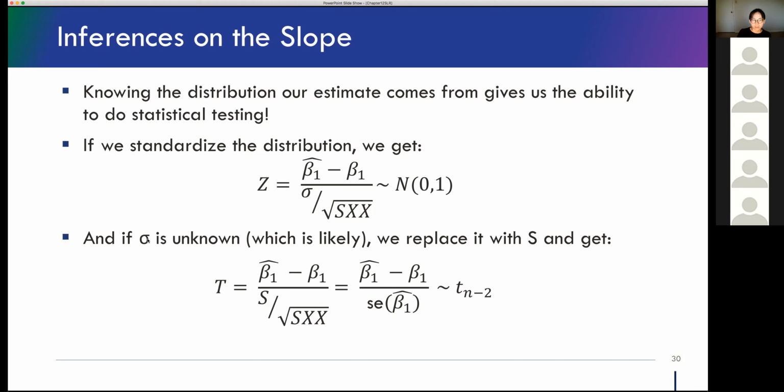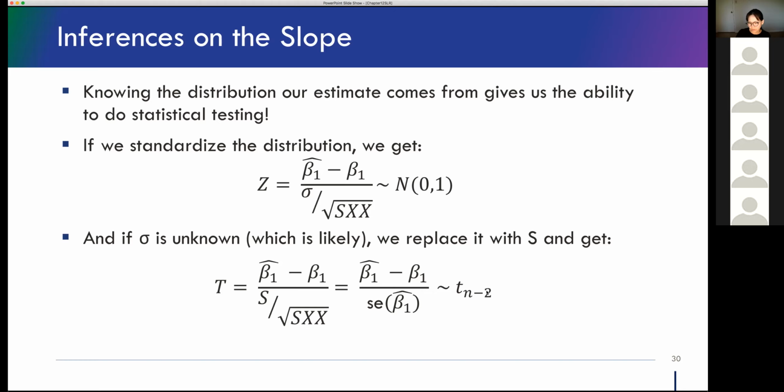First, standardize this beta 1 hat, and it follows a standard normal distribution if our sigma is known. But most likely sigma is unknown, so we use the small s. Remember, we calculated this s squared to estimate sigma squared, so we just use this s to replace the sigma. Now we get a t distribution, and the degree of freedom is n-2.